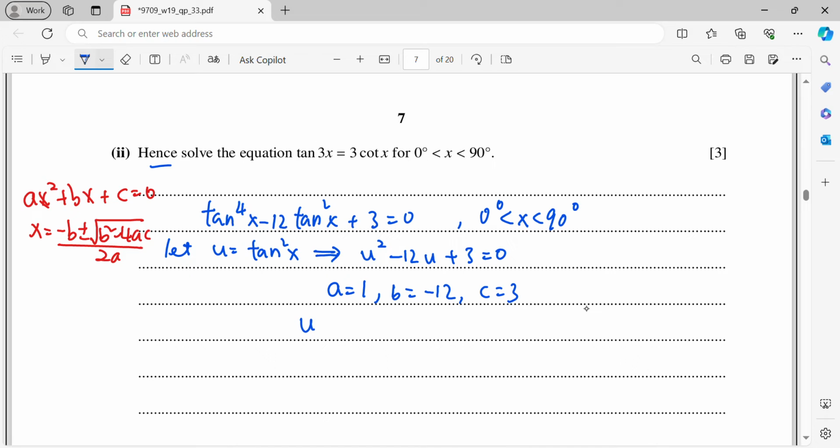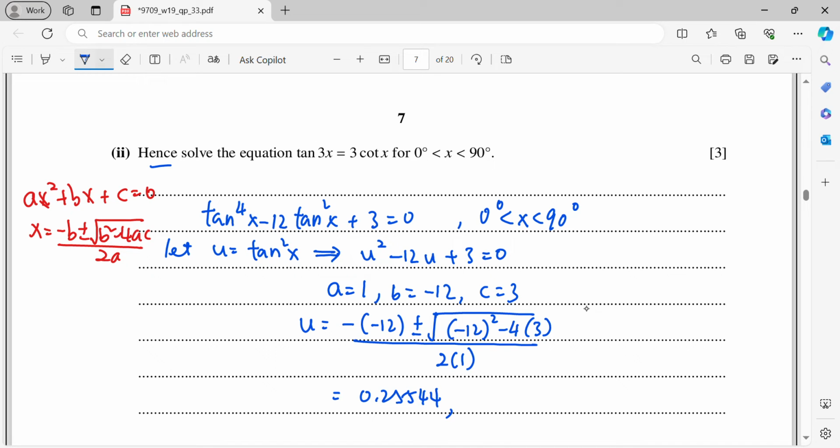So now my u equals minus b plus minus square root of b squared minus 4ac, which is 4 times 3, over 2a. That means now here you will be getting 0.25544 when you calculate using minus, and the other value is 11.74456.